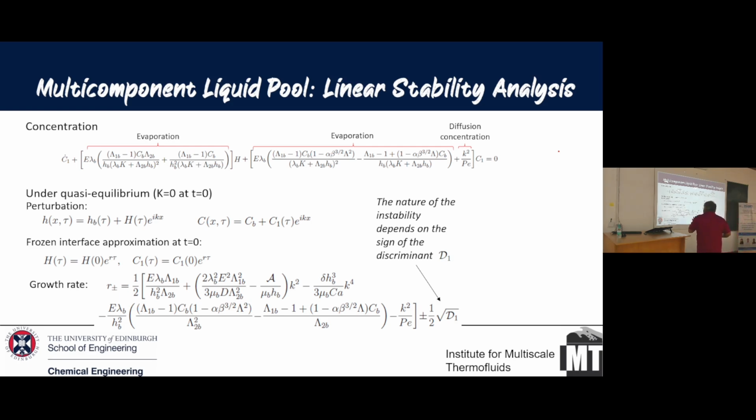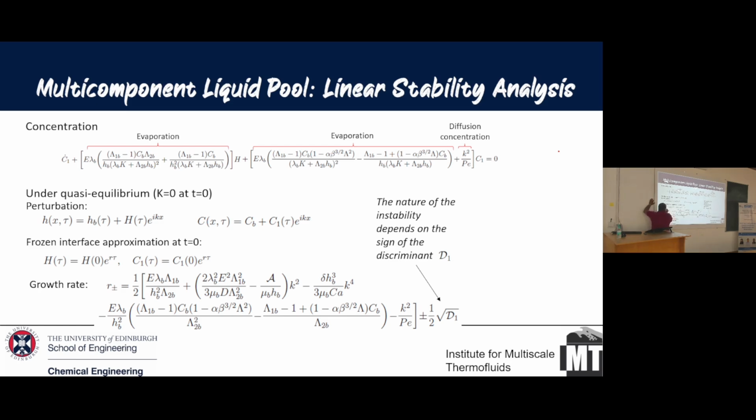You did that with lubrication, but what this will give you is at what point it will get unstable. If you look at this, as I mentioned, you've got i k x there. This is the growth rate in space. What we can do is put a frozen interface. This is a growth rate in time. We can assume that the interface evolves with time with a certain growth rate.